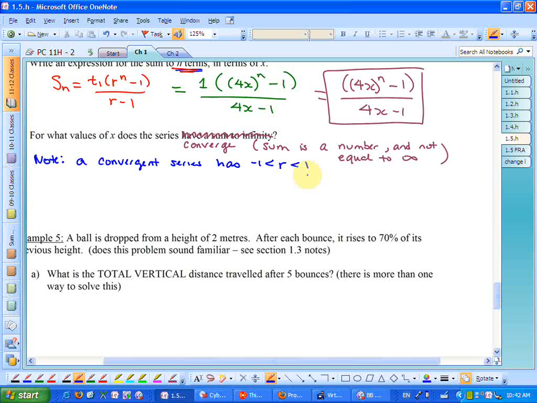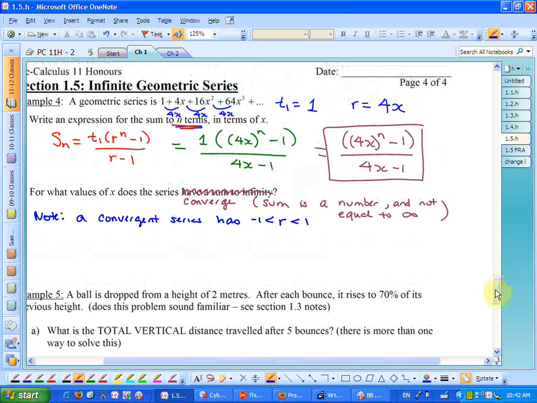So, what is my r in this case? For this question, what is r? 4x. Good. So really what you want to say now is, instead of r, 4x has to be less than 1 and bigger than negative 1. So all I've done is I've replaced r with 4x, because that's what it is in this case.